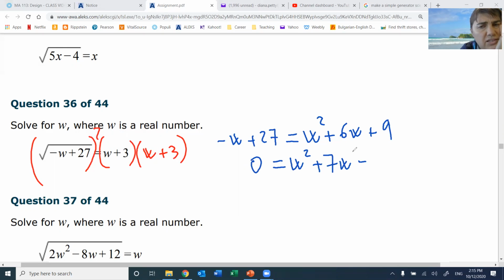Is it 18? 27 minus 9? Oh, does this factor? 3 times 6 doesn't work, or 2 times 9.